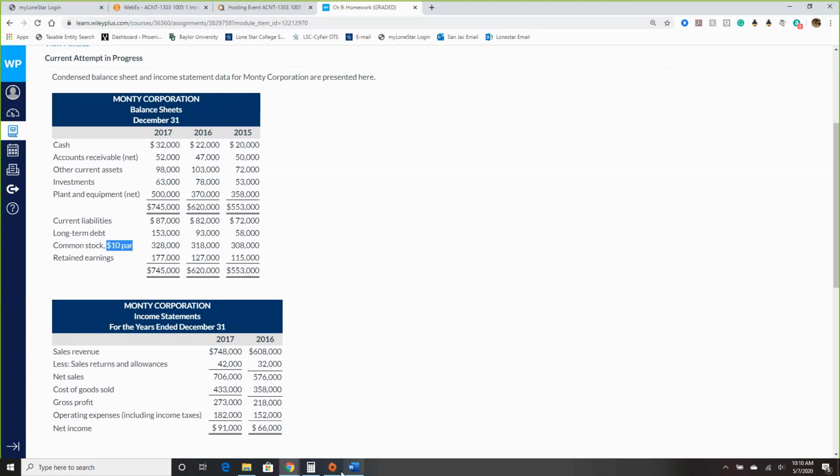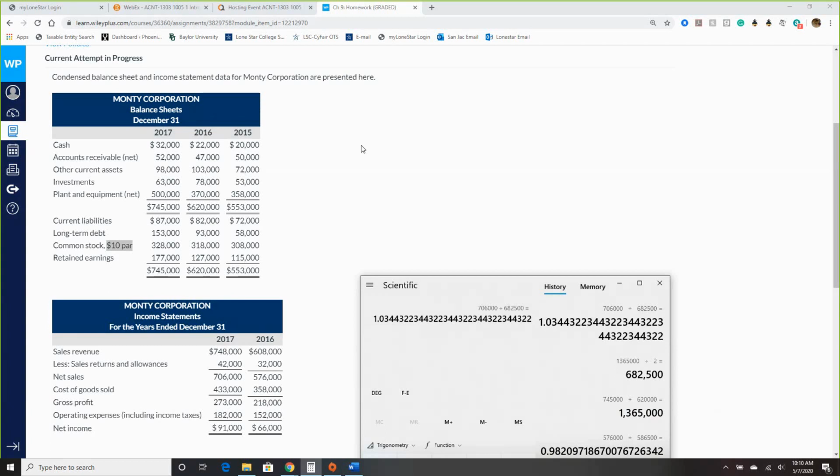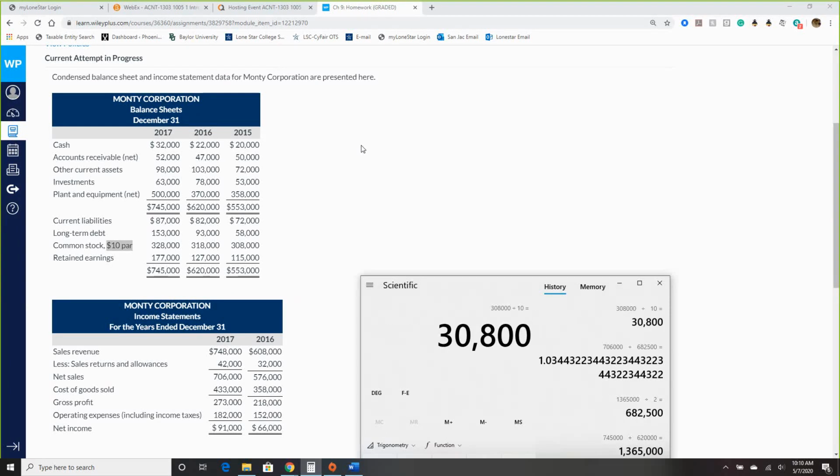First thing you have to do with earnings per share is take your $10 par and divide it into the cash amount. This will tell us how many shares. So we have 30,800. 318. Okay. So there's for 16.